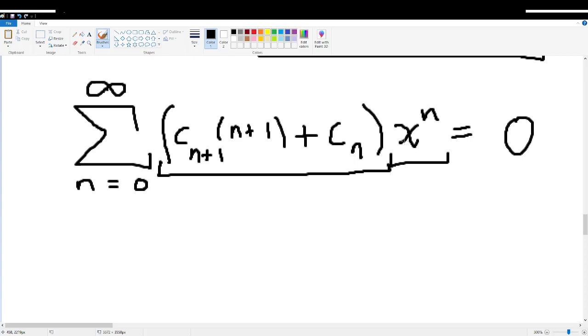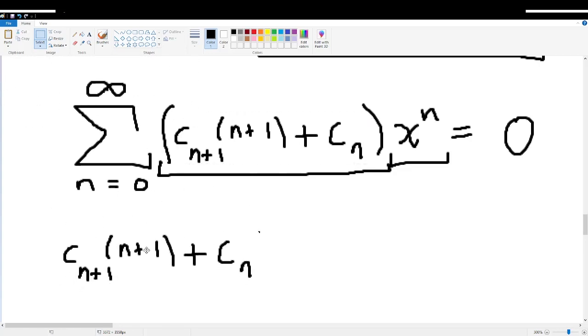In fact, x to the n is probably not going to be 0 for any positive value because you're adding terms. So that means this sum of coefficients has to be what's equal to 0 at all times, right? And just to clarify, at x equals 1, for example, you're going to get 1 plus 1 plus 1 plus 1 plus 1, blah, blah, blah, which is not 0. So we know that this over here has to be what is equal to 0. So we can set it as such.